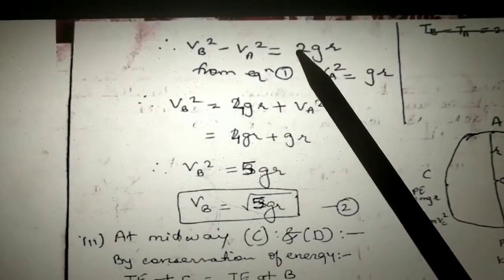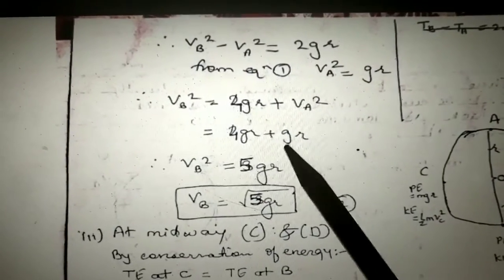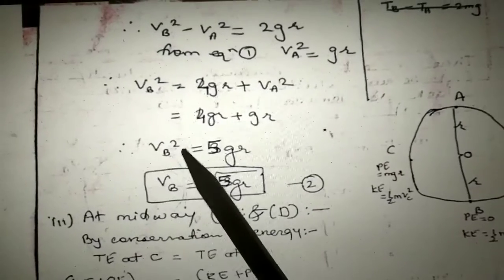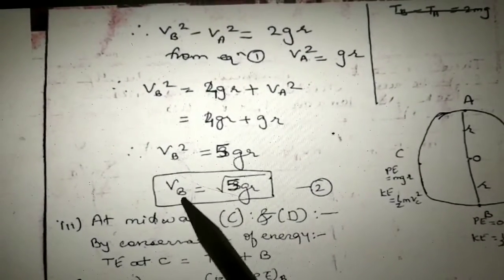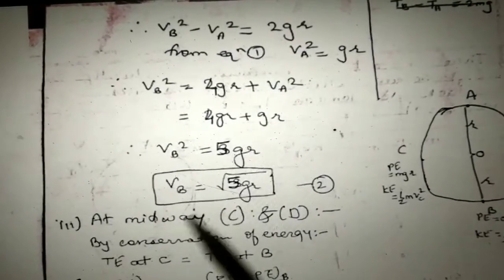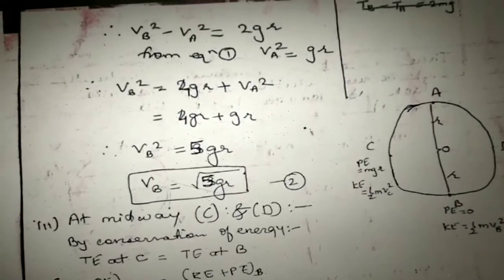Here it is 4, don't get confused. So 4 rg plus va square, which is rg, becomes 5 rg. So vb square is 5 rg, or vb is the square root of 5 rg. Call this equation 2. This is the velocity at the lowest position B.